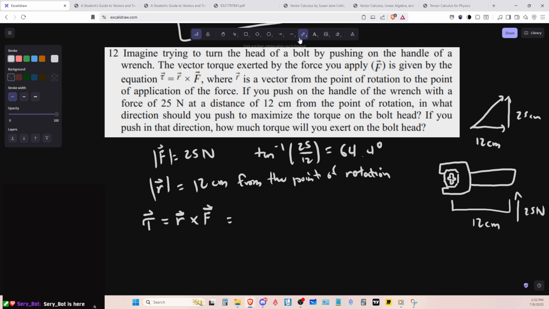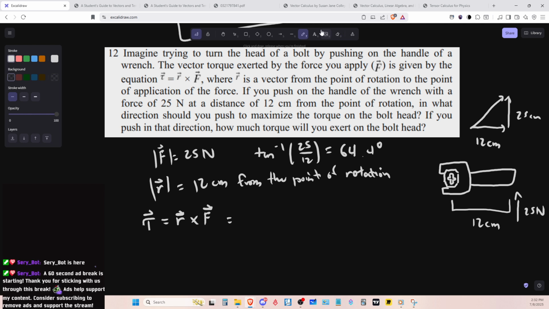But then again, now I'm thinking about how it looks from in the page and out of the page. Since we're looking at it from a bird's eye view, we wanted to turn it to the right. If I'm sticking my hand out, I know you can't see me doing the right hand rule, but if the bolt is in the page, we wanted to make sure it goes into the page.